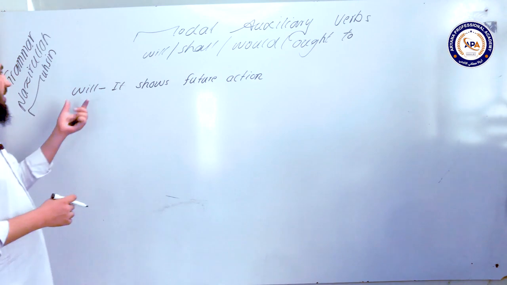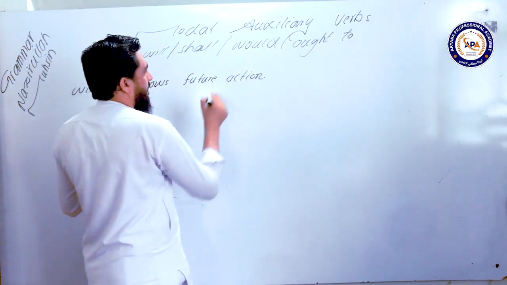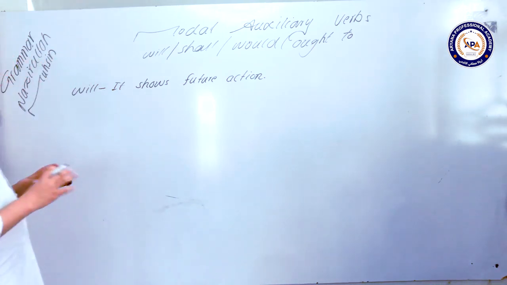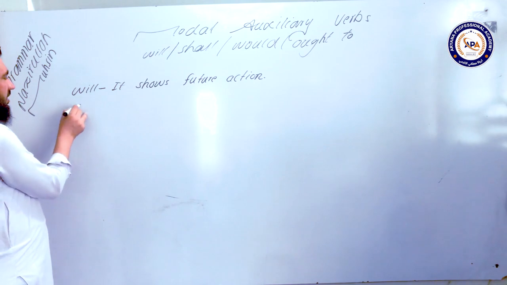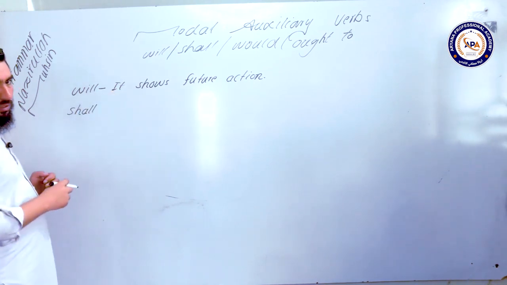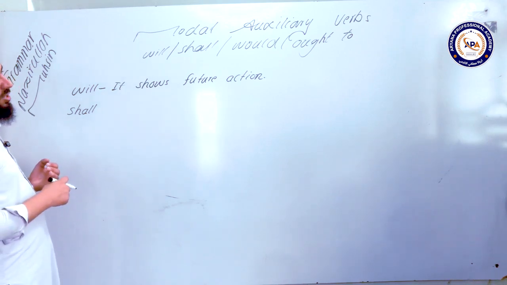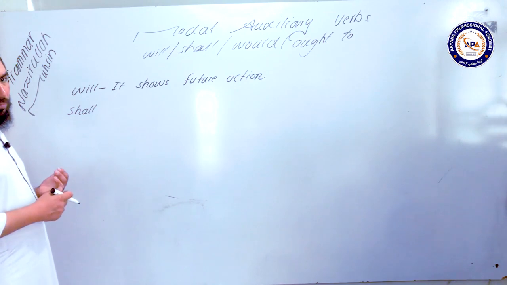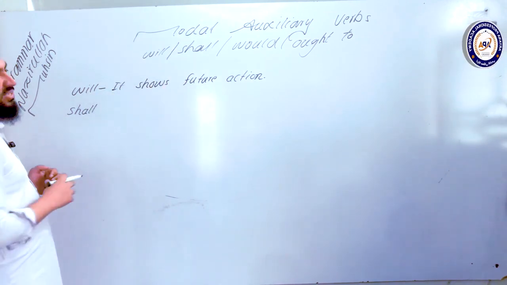So if we simply say that it shows future action, it covers all the definitions. Yes, we use will for future advice, future suggestion, future action, future plan, future intention. And this definition covers all of them.